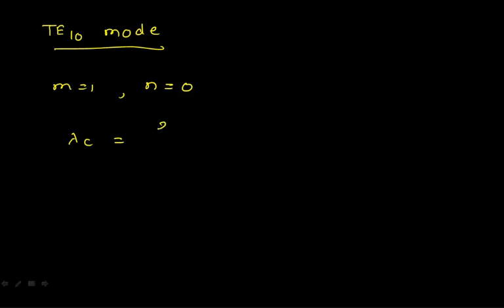Now next one, you put TE10 mode. Okay. So I can say in this mode m is equal to 1, n is equal to 0. So for this one, lambda c is equal to twice AB divided by the square root of m square b square plus n square a square.